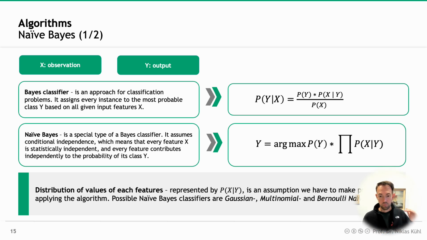But one of those parameters for naive Bayes is setting the distribution of values for each of these features. So what distribution do you assume? Is it, for example, Gaussian or multinomial? And by that you can tune your model. But we'll get to that in a second. Just for the moment, it's important for you to be aware of the fact that we have these parameters that can influence the behavior of our algorithm.